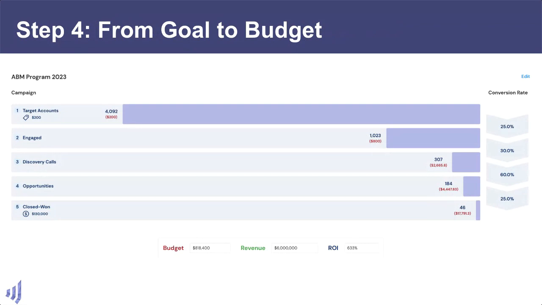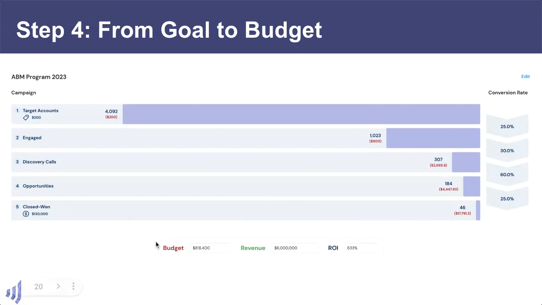And then what you do in this case is you assign a budget per account, and then you calculate how much one new customer is worth to you. In this case, my goal is $6 million in revenue. So I'm looking, in a 12 month period, to generate $6 million in new revenue.